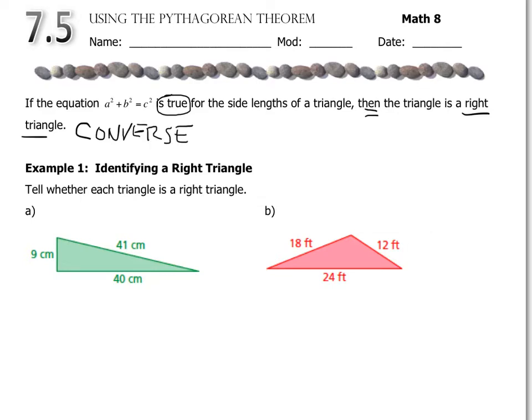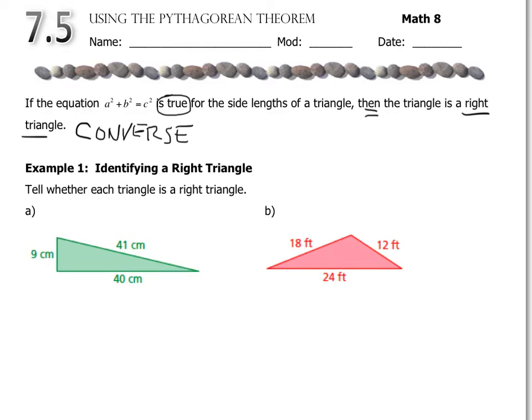What we had first learned was, if the triangle was a right triangle, then a squared plus b squared equals c squared is true. The converse basically flips those two statements around and says, if I'm given three side lengths of any triangle, and I plug them in, and the equation a squared plus b squared equals c squared is a true statement, then we can say for sure that it is a right triangle.